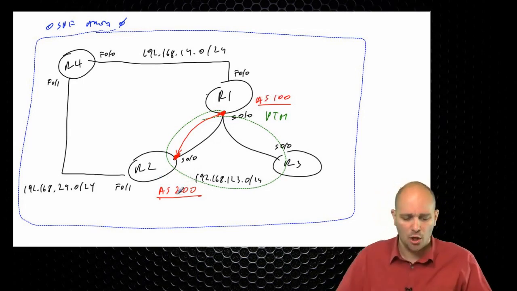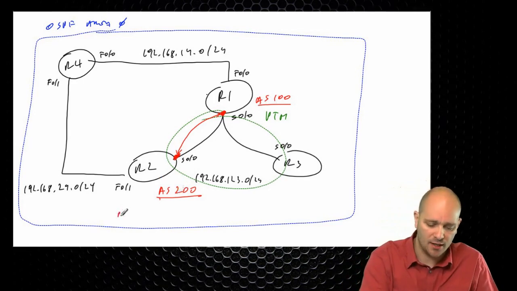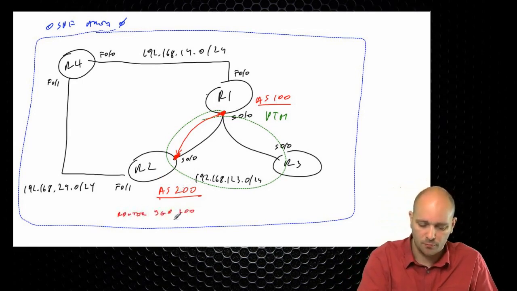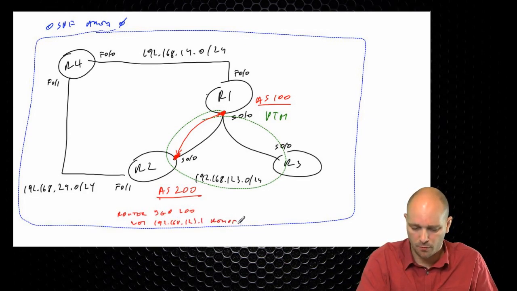So, okay, you go on R2 and you say router bgp 200, neighbor 192.168.123.1 remote-as 100. You do pretty much the same thing here.